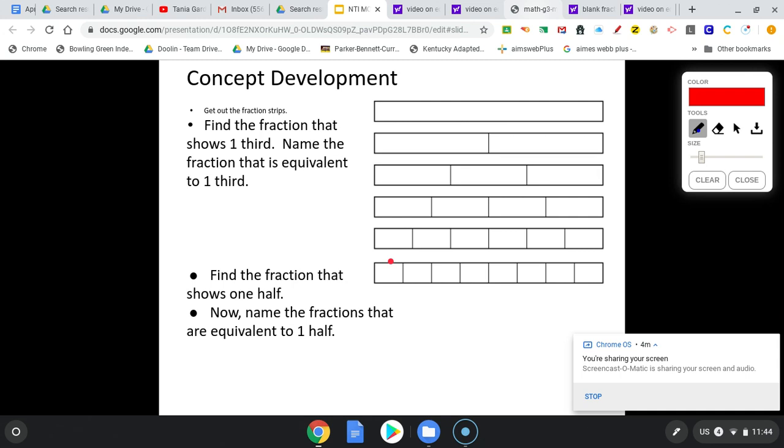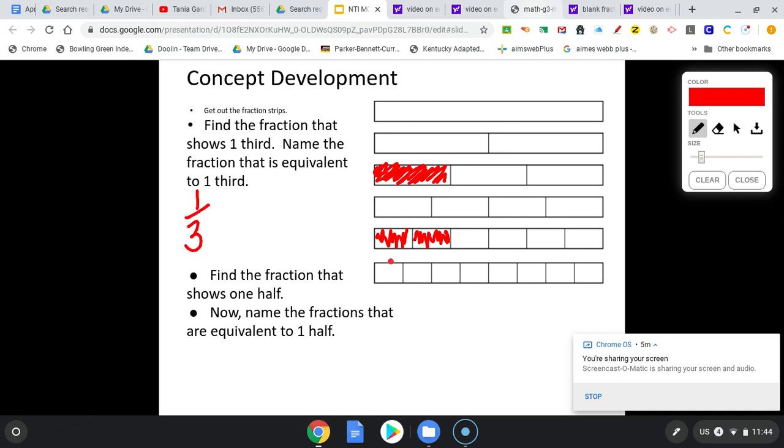So I want you to find the fraction that shows 1/3. Okay, so I'm looking at my fraction strips here, and this one shows thirds. I'm going to shade in 1/3. Now I want to name a fraction that is equivalent to 1/3. So I'm looking right here, and I'm going down, and if I shade in right here, I find a fraction that's equivalent to 1/3.